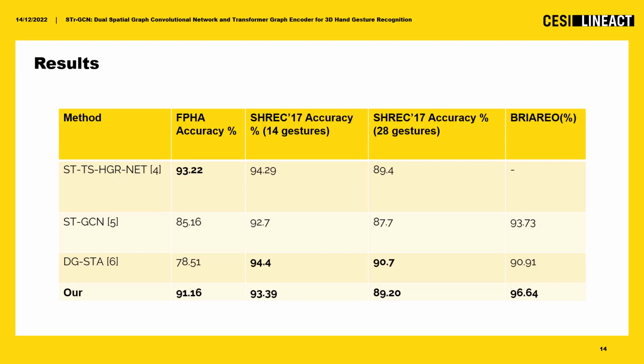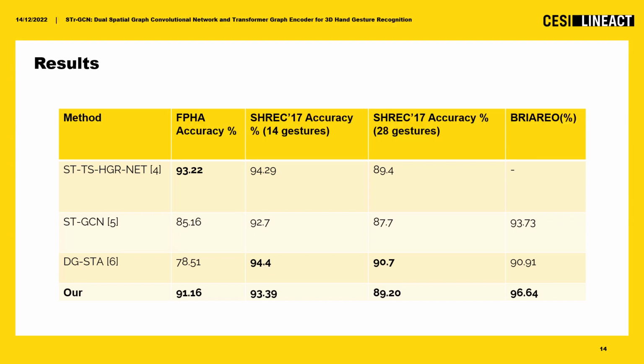So we evaluate our method by comparing it to other hand gesture recognition approaches that use the 3D skeleton modality. And the results are shown in this table, which prove that we achieve competitive results with our method.